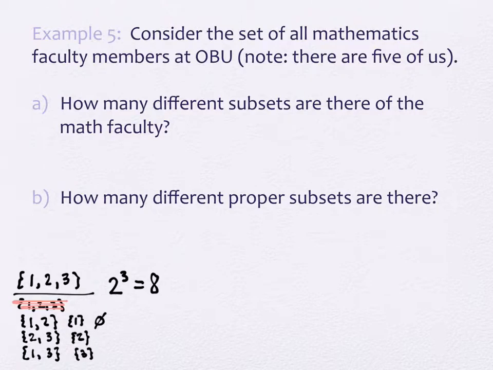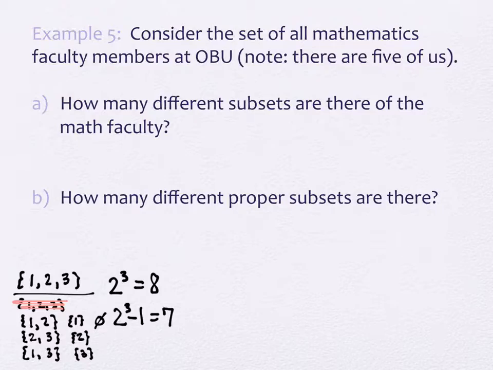It has to be smaller. So the rest of them would be 2 to the 3 minus 1, which gives me 7. The minus 1 is after the power, not within the power. So 7 proper subsets. We could repeat this pattern for bigger sets or different sets, but it'll always work: 2 to the n minus 1.